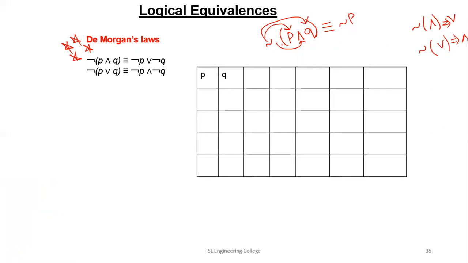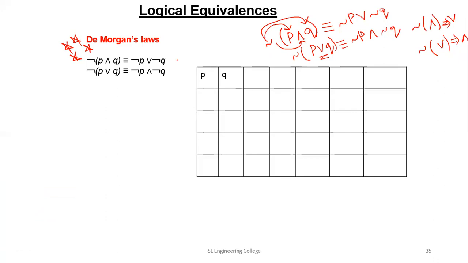So negation of P and Q: negation is being applied to and, so it will become or, negation P or negation Q. Similarly, negation of P or Q: whenever we apply negation to the disjunction, it becomes the same way, negation P, but instead of or you have and, so negation P and negation Q.